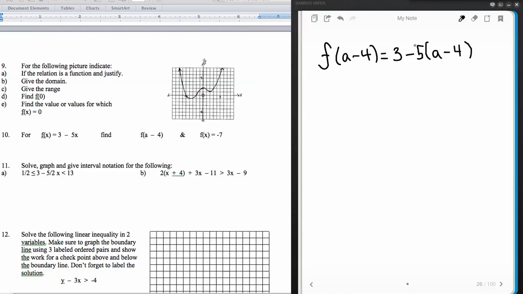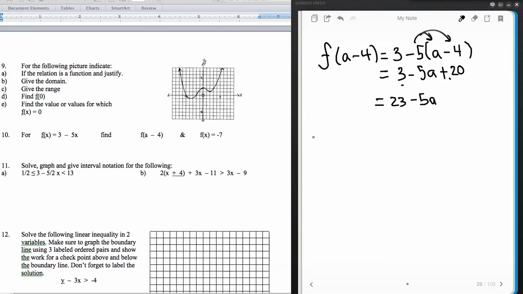And so now we have a distributive property here and here. Don't forget that it's a negative distributing through there as well. So we have 3 minus 5a plus 20. And so now we combine our like terms here and here. And so now we have 23 minus 5a.